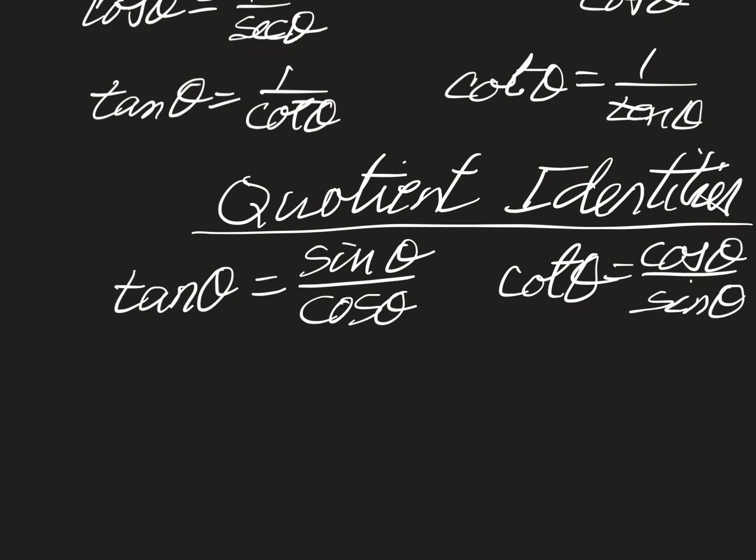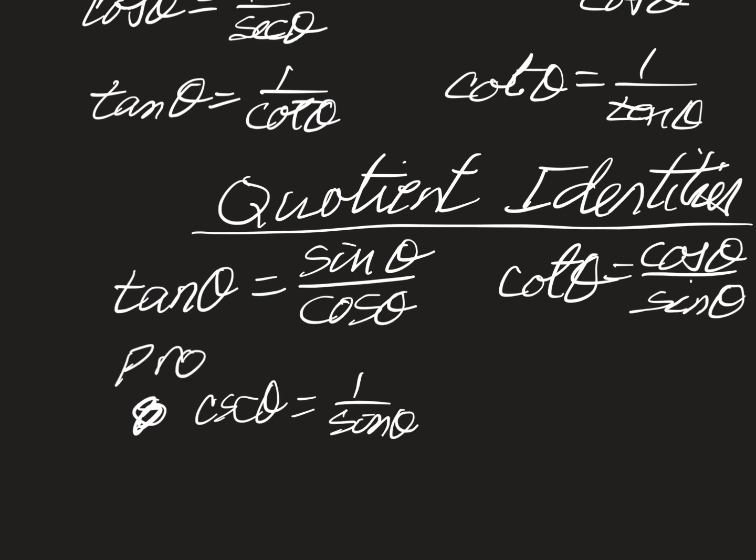Now, I want to give you an example of how we can prove these identities. An identity is like saying this is a law, this is an equation that's always true. So how could you prove something like this? Let's do cosecant theta equals 1 over sine theta. This is going to be a proof.